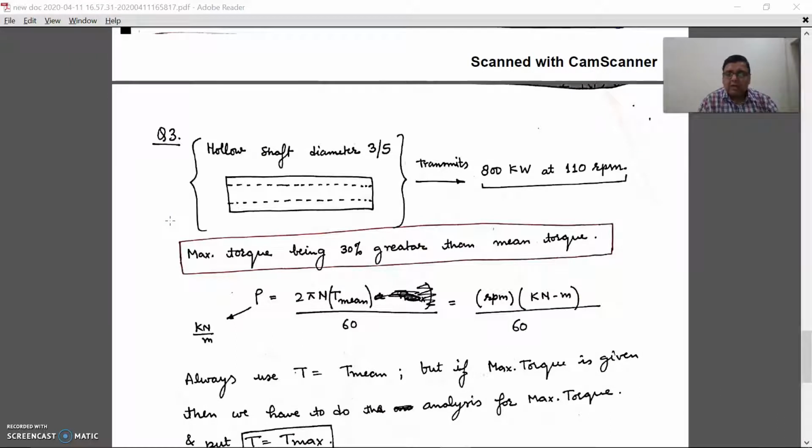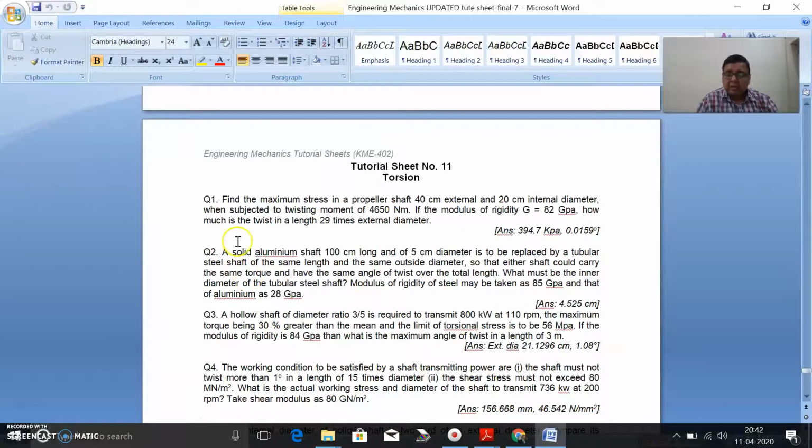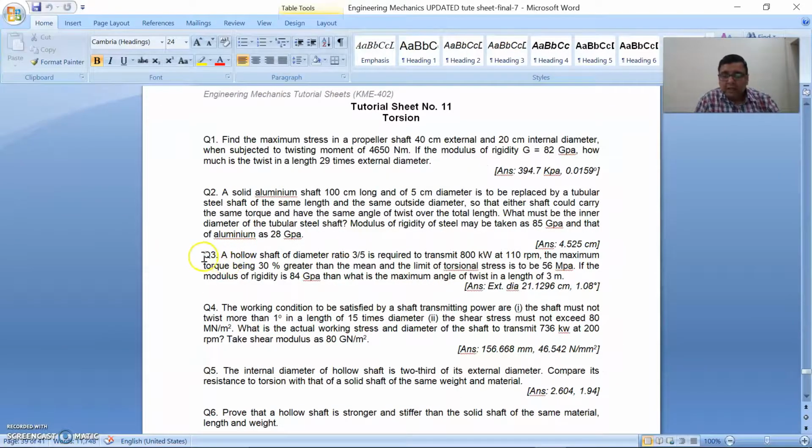In the third numerical, one more additional point is there. The third numerical says a hollow shaft of diameter ratio 3 by 5 is required to transmit 800 kilowatt at 110 rpm.